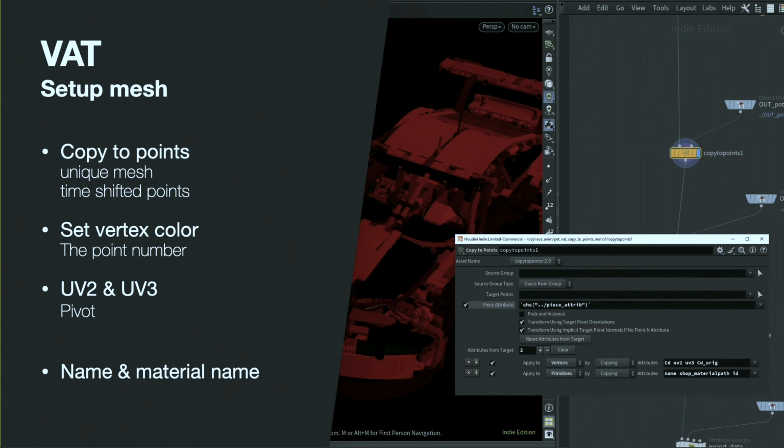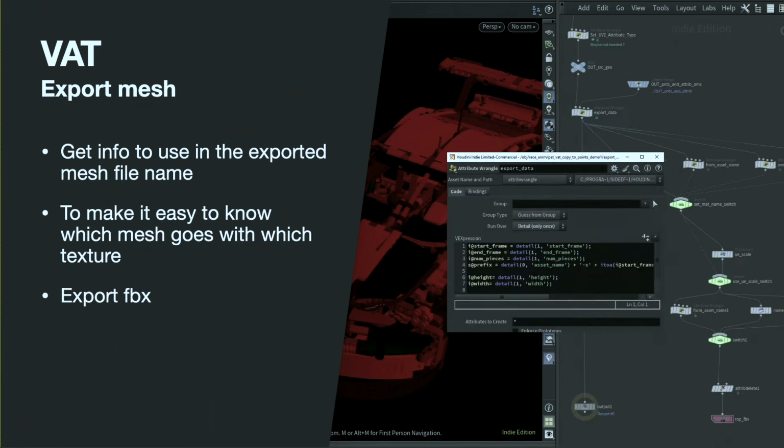That's why it looks red, because the red is basically the point number, but as a color instead. It's a little bit weird, but that's how it works. Then we export the mesh. What I'm doing here is giving the mesh a name, so we know maybe the start frame, end frame, and so on. So we can easily see this mesh goes to this texture. Just a way to keep track of things.